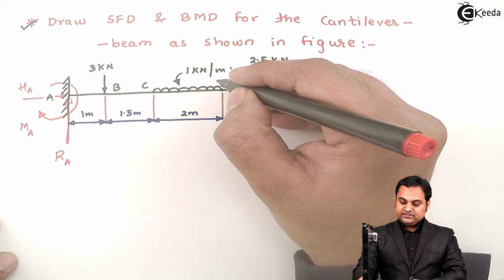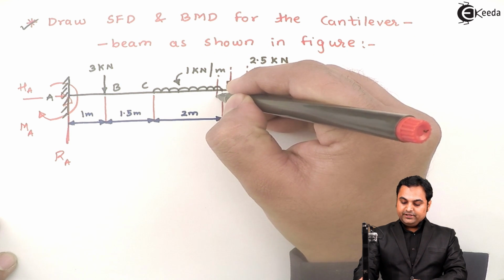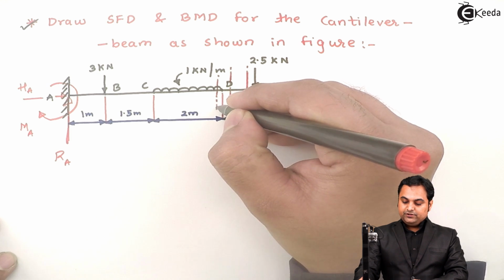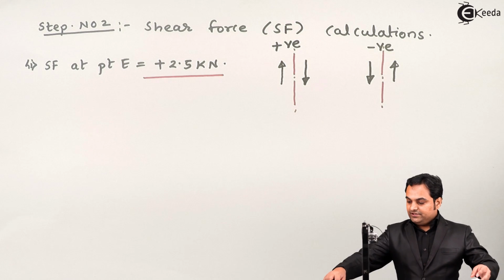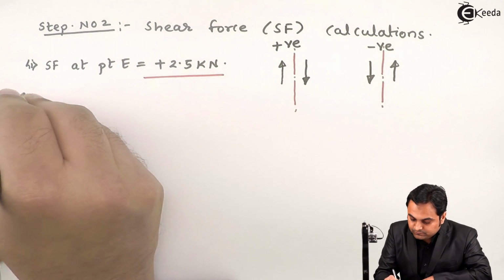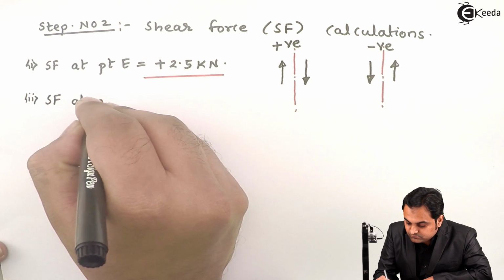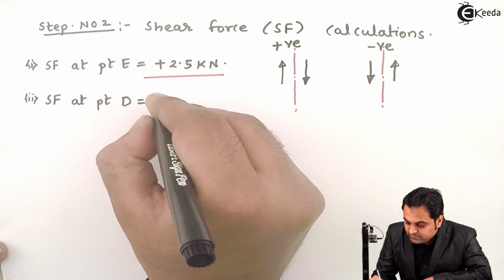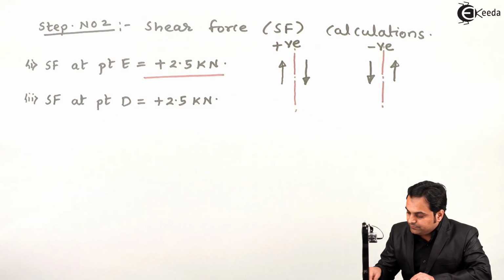Even if I take the section slightly to the left of point D, then also the shear force value will remain constant. So I'll write down SF at point D is equal to plus 2.5 kilonewton.